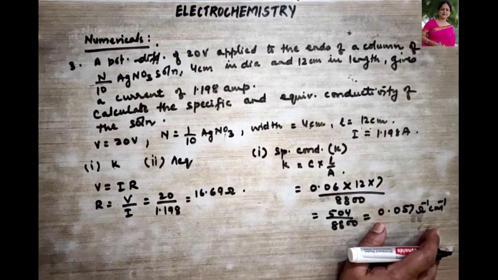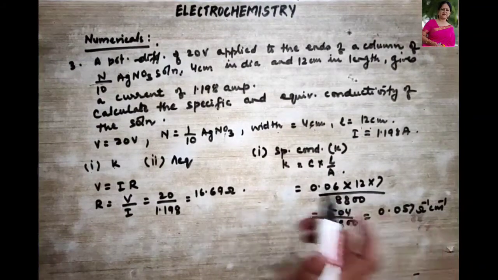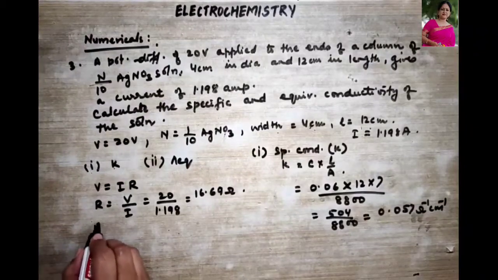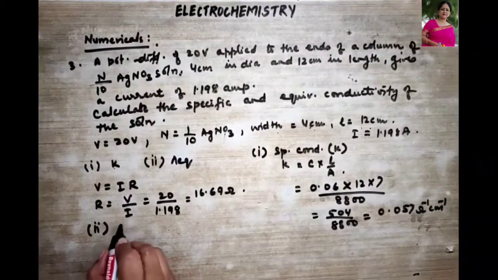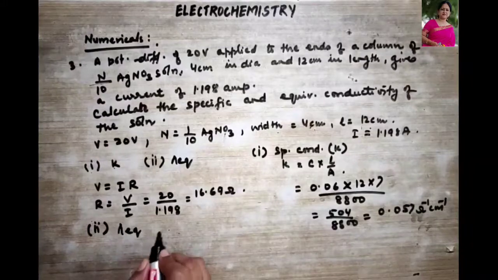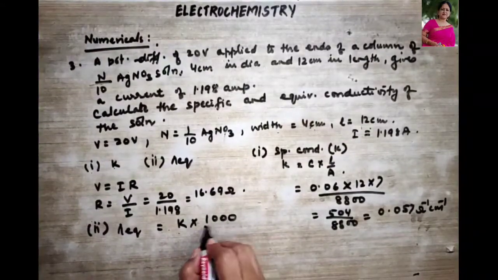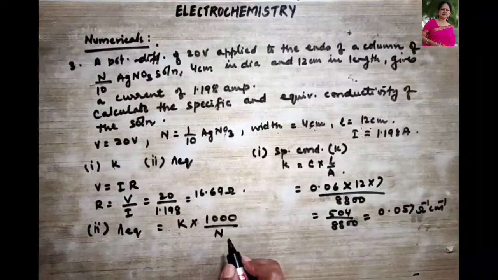Clear? This was your specific conductivity. Now we have to find out equivalent conductivity. So equivalent conductivity is equal to K into 1000 upon N, right?